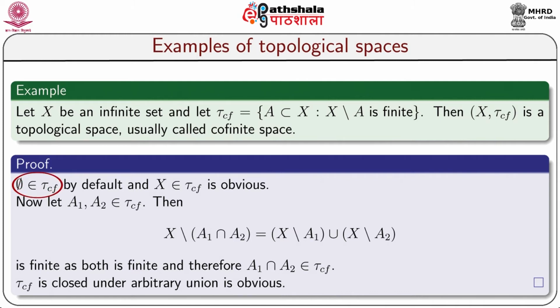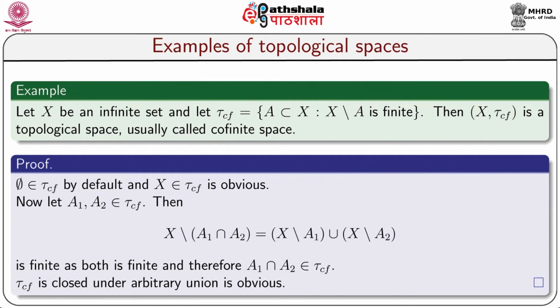The empty set belongs to tau_cf vacuously. X obviously belongs to tau_cf. Now let us consider A1 and A2 belonging to tau_cf. That means the complements of A1 and A2 are finite. Then X minus (A1 intersection A2) is equal to (X minus A1) union (X minus A2).